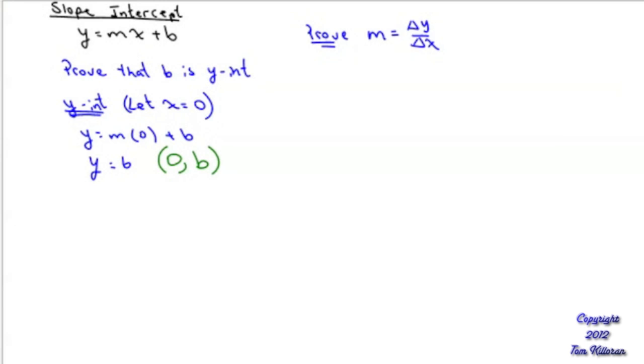So what we have to prove is m is actually the change in y over change in x. If I'm going to find the slope of this equation, what do I need? How do you find slope? You need points. How many? 2. So I need 2 points. I have one. I got (0, b).